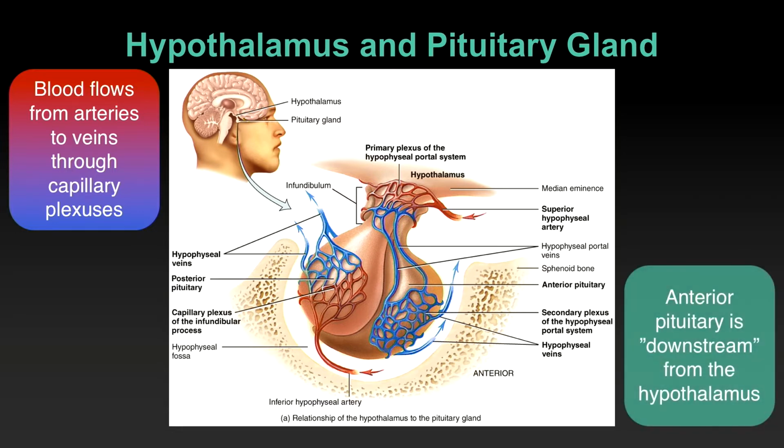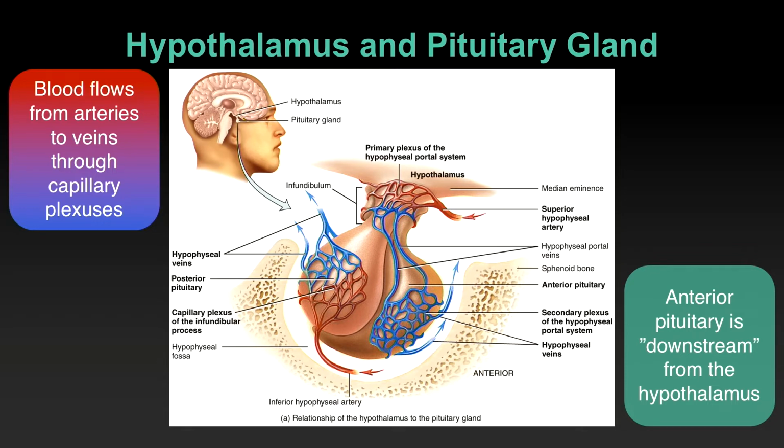And because the anterior pituitary is downstream from the hypothalamus, anything released by the hypothalamus is sensed there first. There's no opportunity for it to be broken down. There's no opportunity for it to go anywhere that it's not supposed to go. It goes directly from the hypothalamus to the pituitary.